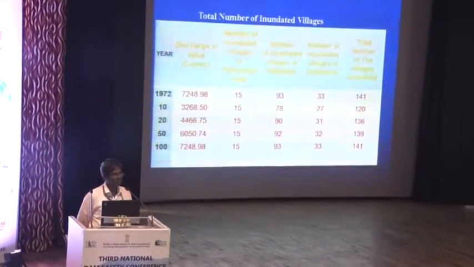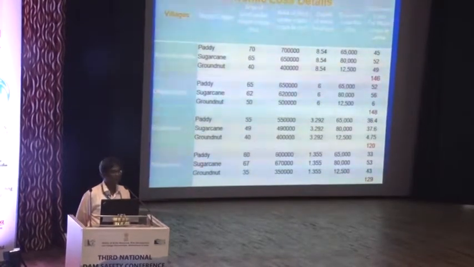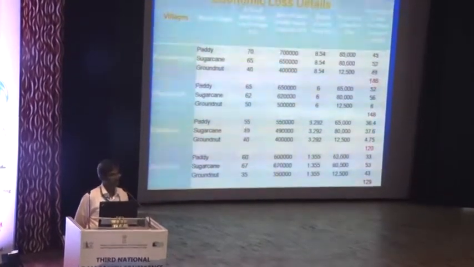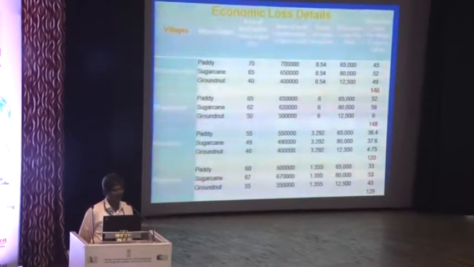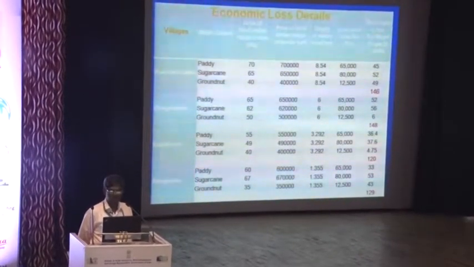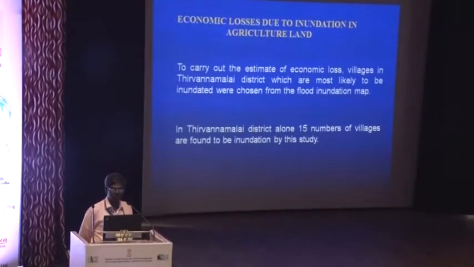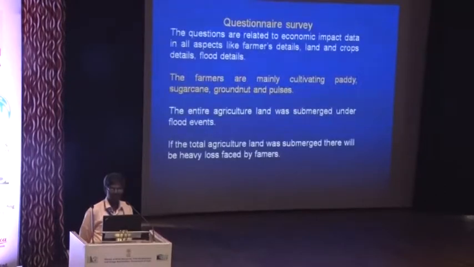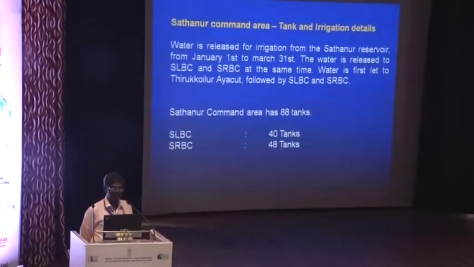Whatever they invested will be a loss to them, and this can be analyzed as economic loss, so that we can predict earlier and take some action. That is the economic loss through agriculture. This is where we can have a questionnaire survey of the farmers.